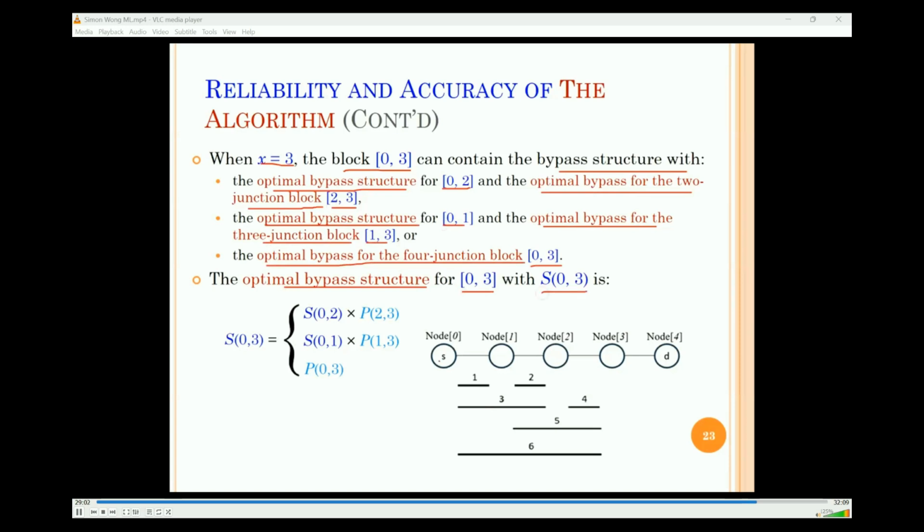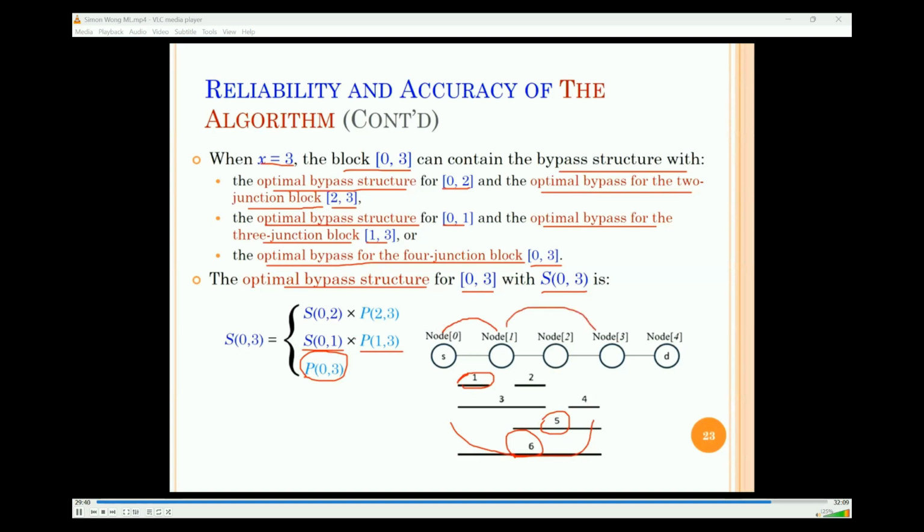So this can be one optimal bypass, which is here, or this guy, S01, times this one, P13, obtained here. So this can be the optimal structure between these two log and one optimum bypass between node 1 and node 3.